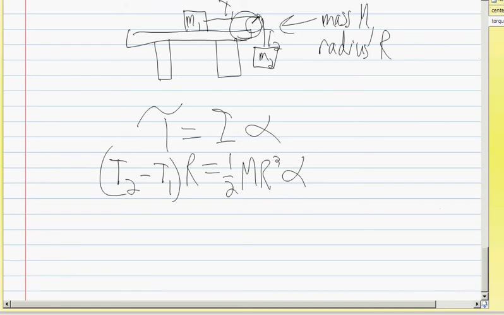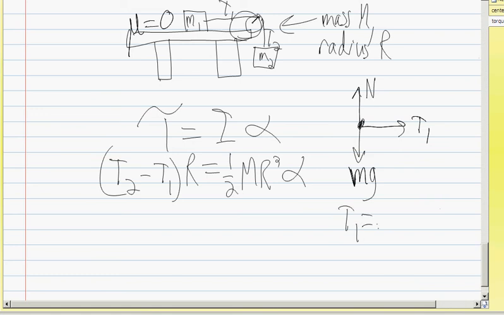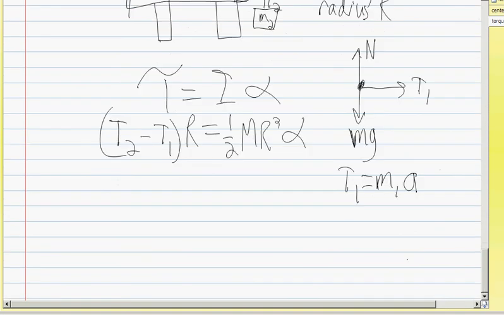And we can actually make the usual force diagrams for these. If I was looking at the M1, I would have tension 1 going this way, normal force going this way, and weight going this way. I'm going to say that the friction is 0 here, just to make our lives a little easier. So T1 is going to equal M1A. And if we look at the force diagram for the other, it's going to be T2 and M2G.